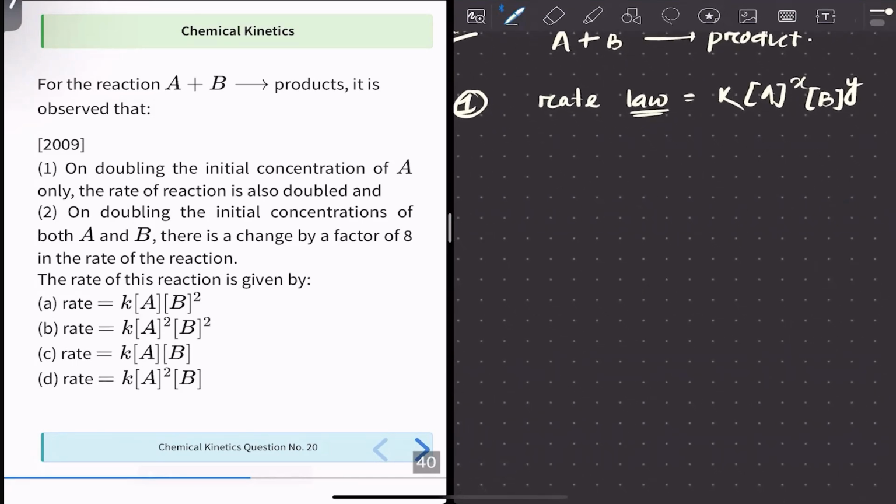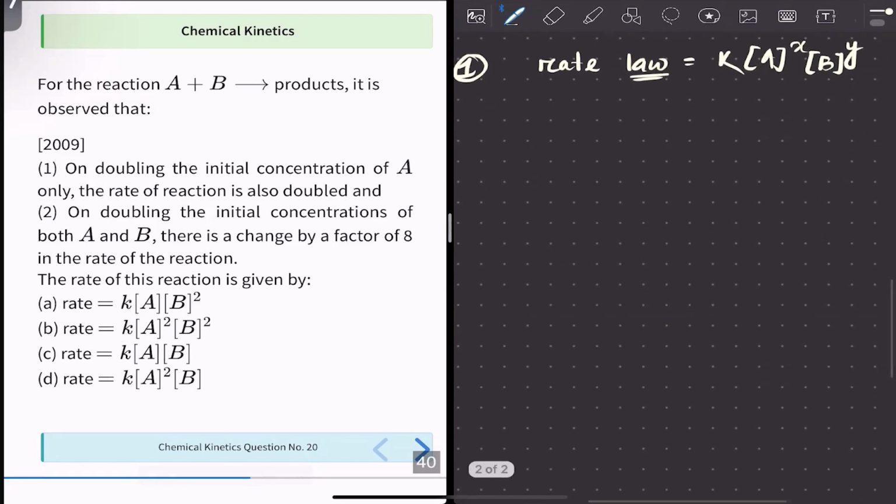The statement given first is on doubling the initial concentration of A only. So they double the initial concentration of A, but B is constant. So write down the form here.